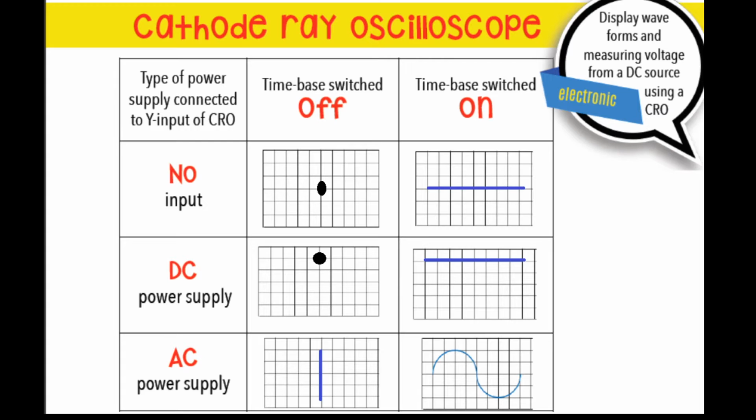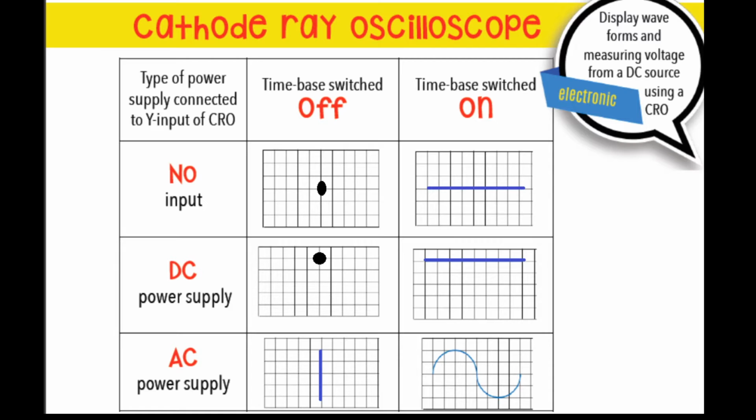You see, when starting with no input, no input means there are no readings. No input means at the center. You can see the spot of the cathode ray at the center. Time base off means you cannot read the horizontal, so you can only see one dot. If I say time base on, that means you can read the horizontal line. This one we call time base on.